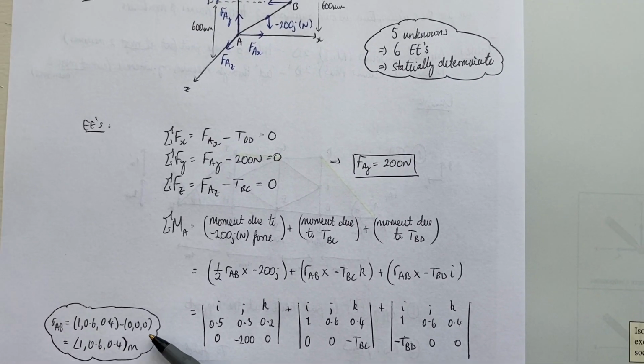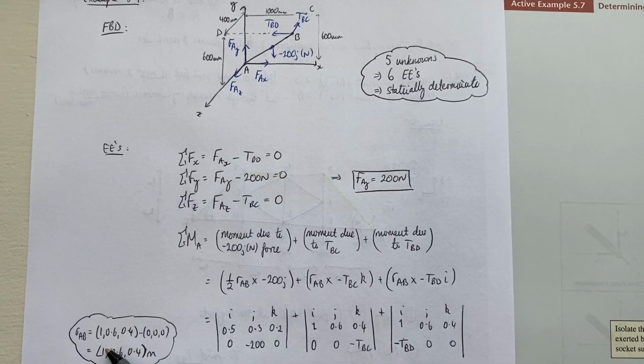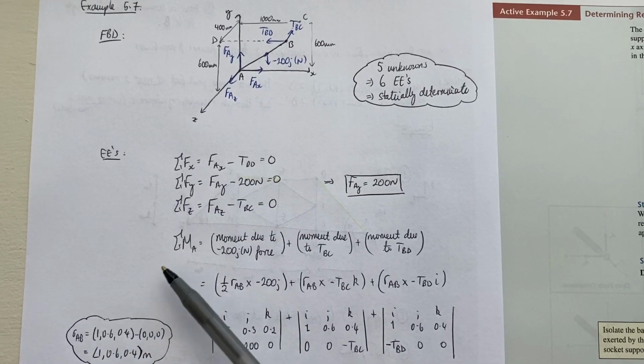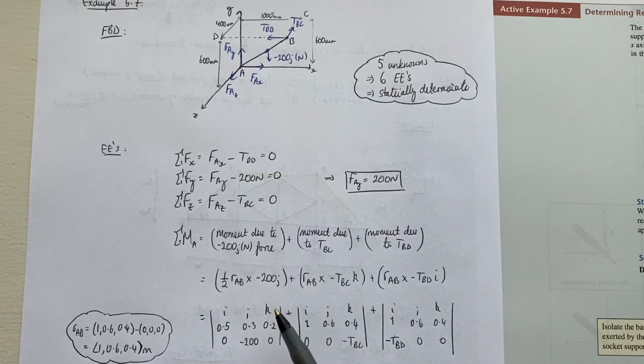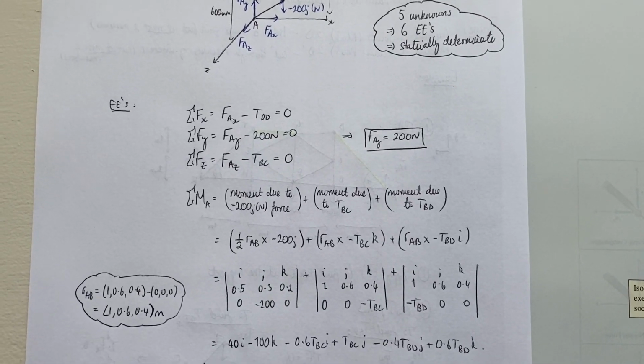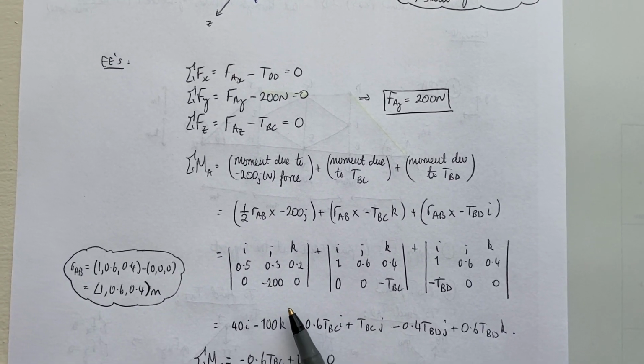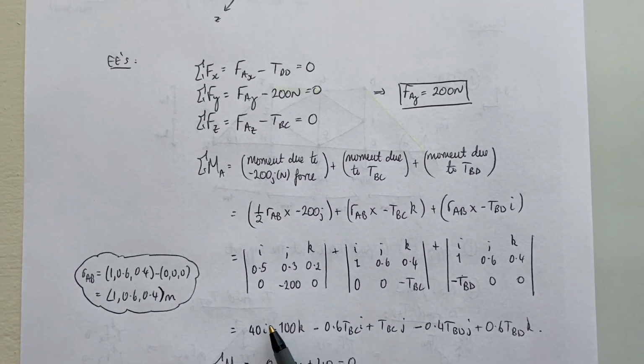So if I work out what the position vector RAB is, it's straightforward because A is located at the origin. Then I've got 3 cross products that I can calculate, and then I end up with an equation that contains I's, J's and K's.